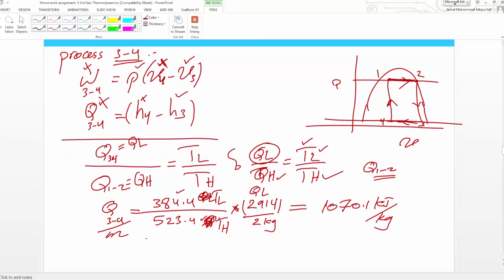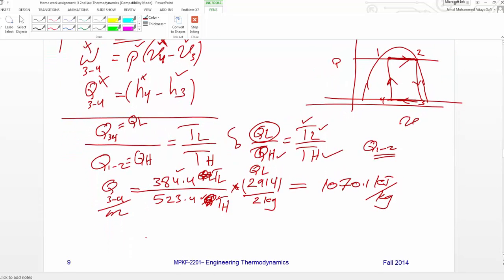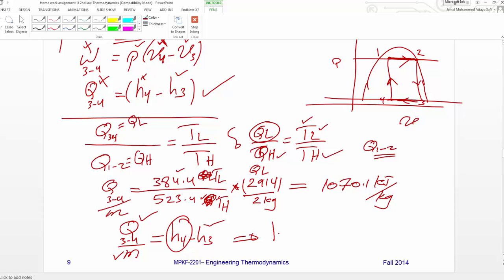And I do this because I want to find H4. Q 3 to 4 divided by the mass, as you can see here, is the same as H4 minus H3, which means I know this now, and I know this, so I can find H4, right? And why do I need to find H4? Because this state here is not fully defined. I need to find X4, or the quality at 4.